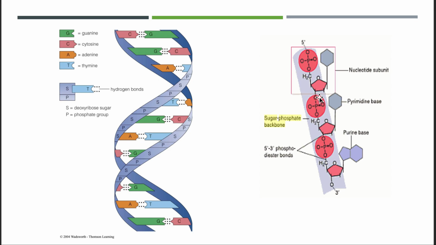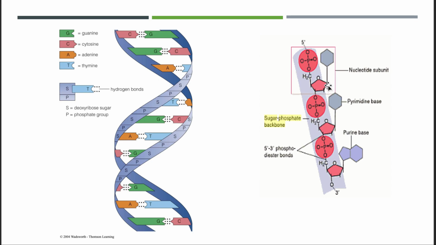Similarly, the OH group of the 3rd carbon atom of the same pentose sugar is attached to another phosphate group. So the sugar and the phosphates are joined together via phosphodiester bonds. Because of these phosphodiester linkages, we see an alternating sugar-phosphate backbone.